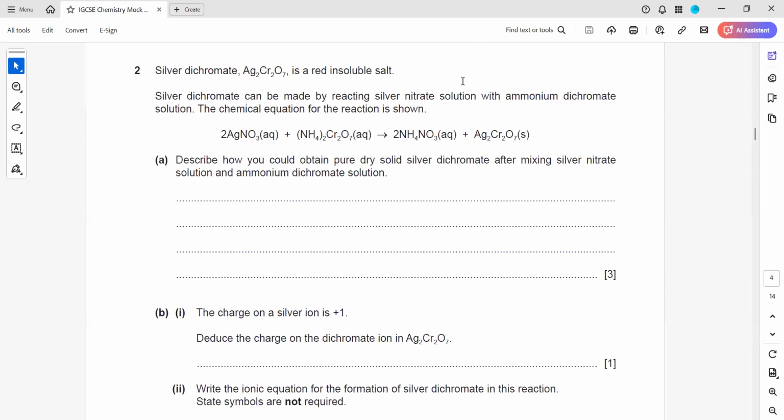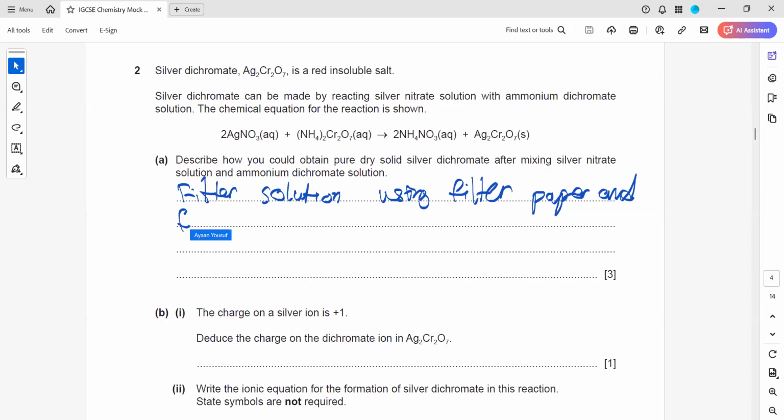The next is silver dichromate, a red insoluble salt. Silver dichromate can be made by reacting a silver nitrate solution with a solution.